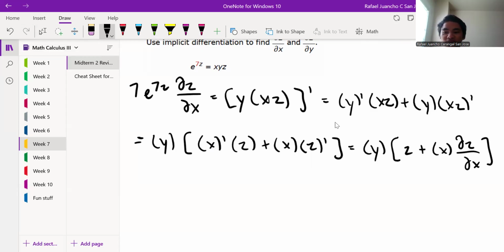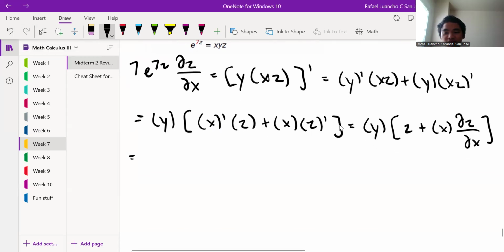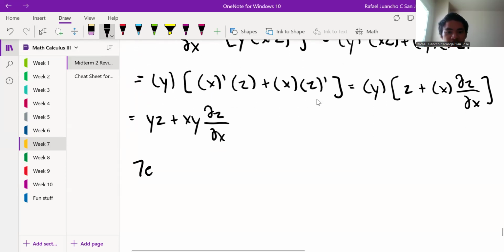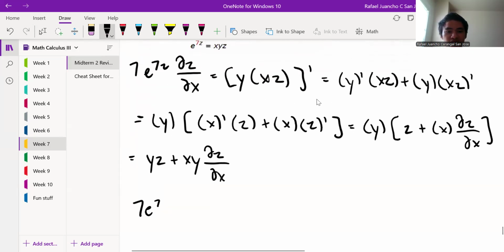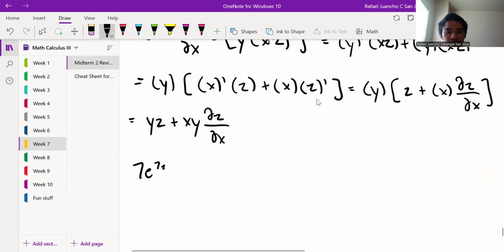Yes. Okay. And then from there, I'm going to get some value out of it. So I get yz plus xy partial of z over x. So I think that was the tricky part here. Now if we were to combine everything, so 7, but really it's just derivatives. This is equal to yz plus xy.